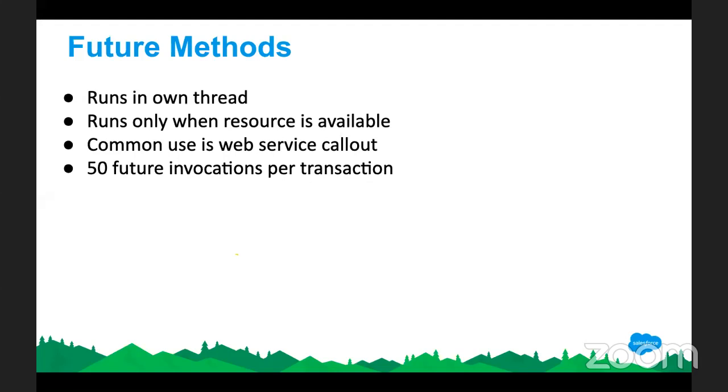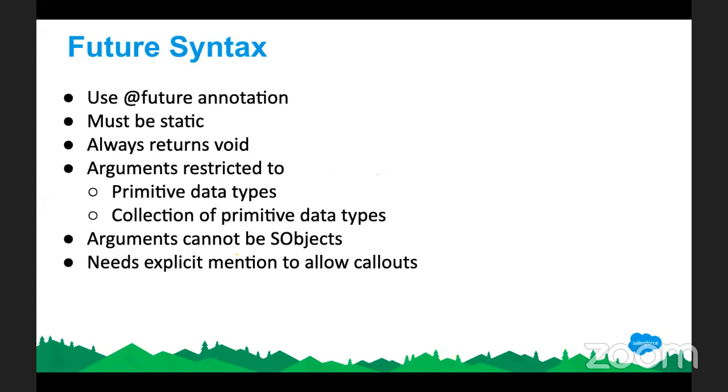And there is a limit per transaction. We can call a maximum of 50 future invocations. If we go to 51, then it will throw an error. Next is future syntax. This future method is very similar to a normal method, except that it will have a future annotation.